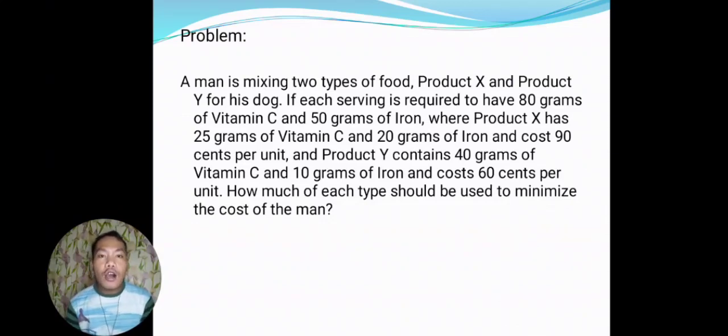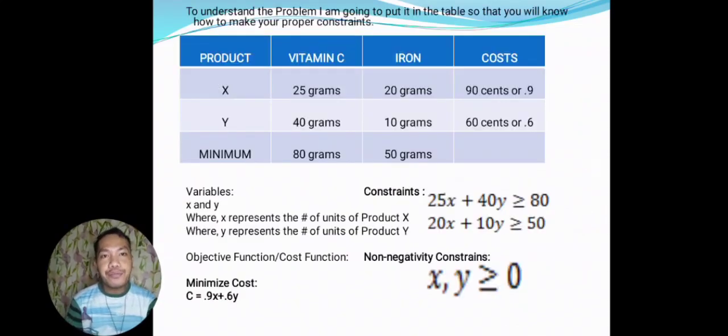So here we are required to get the minimum value of the said problem. Now let's proceed to our solution. For you to be able to understand the problem, I use a table so that it is easier for me to determine which constraints to use in our problem. So here, I put product, vitamin C, iron, and cost.